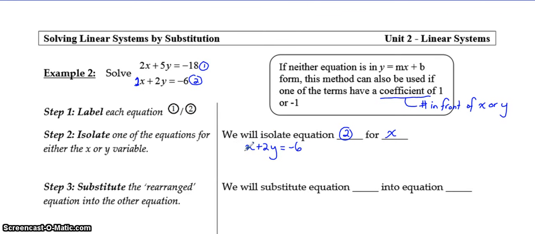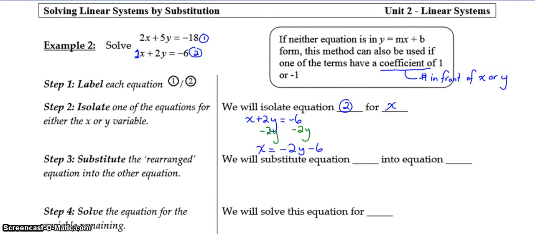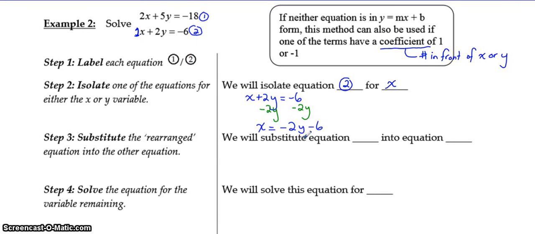So to isolate x, it means we want to get rid of this 2y. So we're going to subtract 2y from both sides. And we get x equals negative 2y minus 6. So we have isolated equation 2 for x.